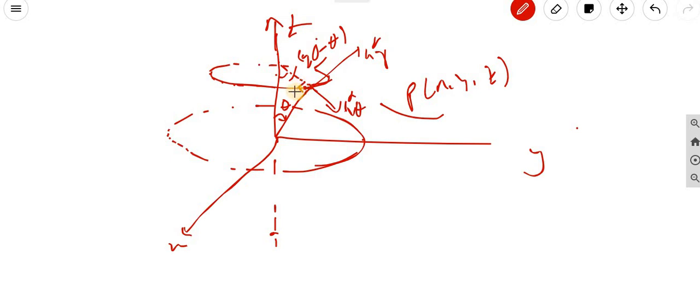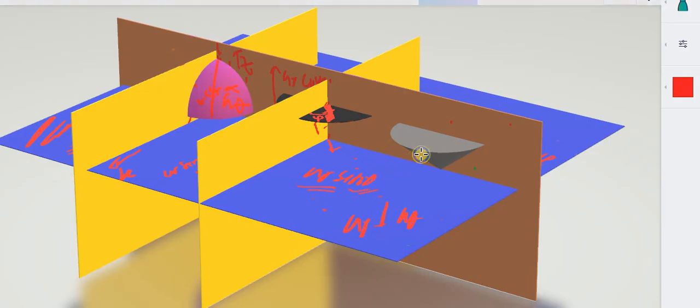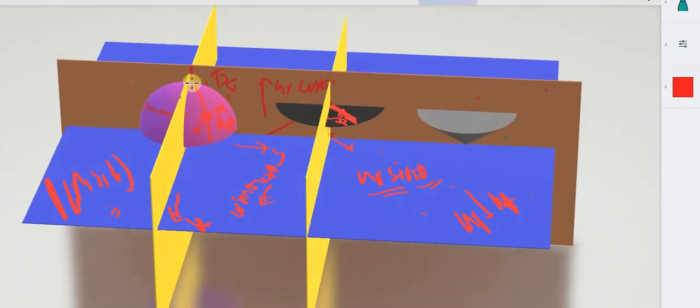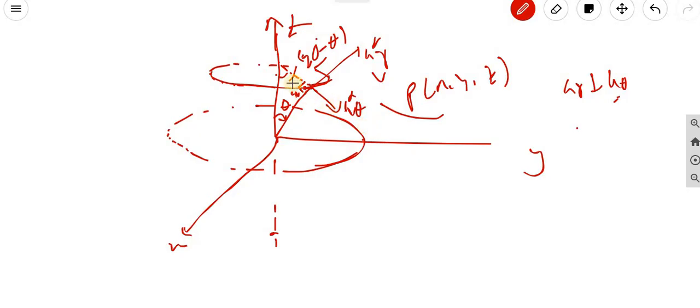Here it will be 90 degrees, because the angle between AR and A theta is 90 degrees, perpendicular. If A theta is increasing in this way, we consider this hypotenuse, and this angle is 90 degrees minus theta.